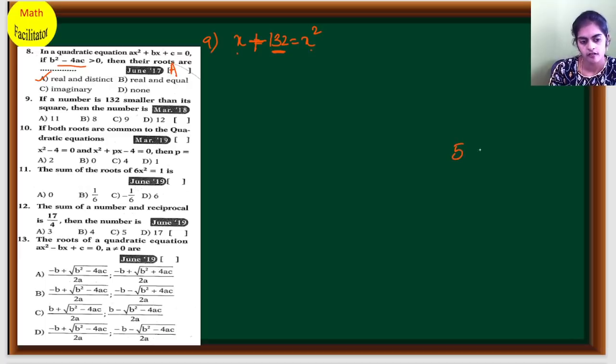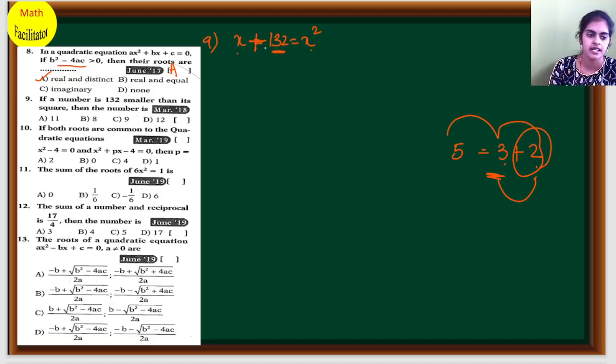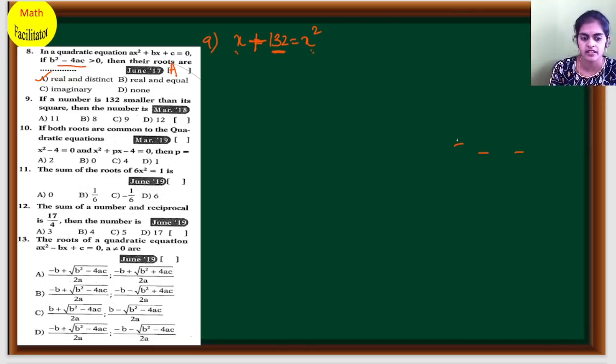I can say 3 is 2 smaller than 5, which means if I add 2 to 3, I'll get 5. The number is 132 smaller than the square of the number, so 132 plus x will give you x square. Once you understand this, x square minus x minus 132 equal to 0.